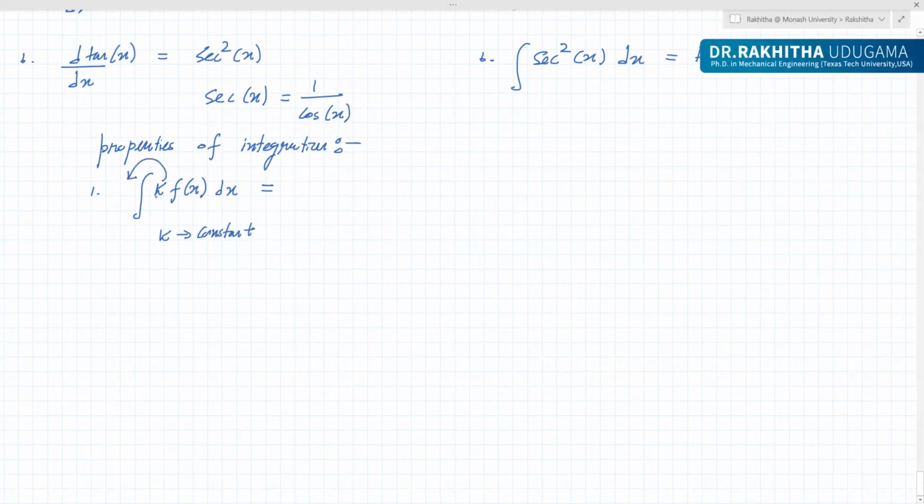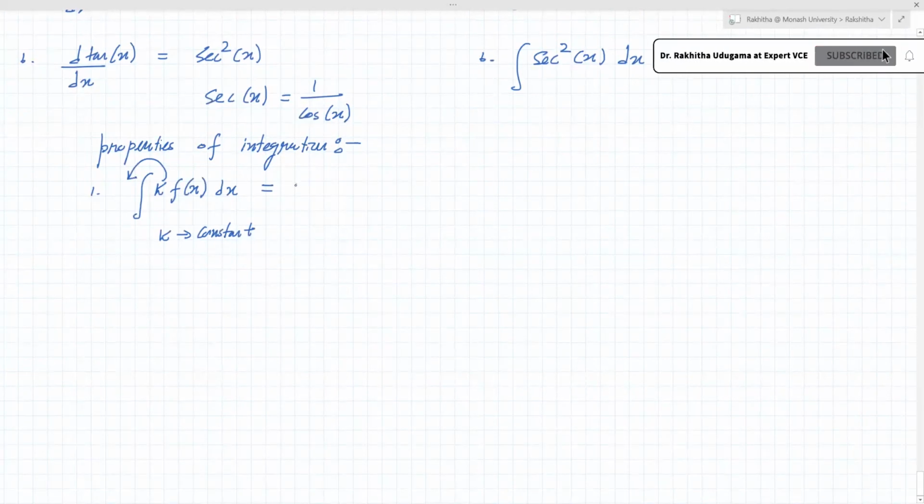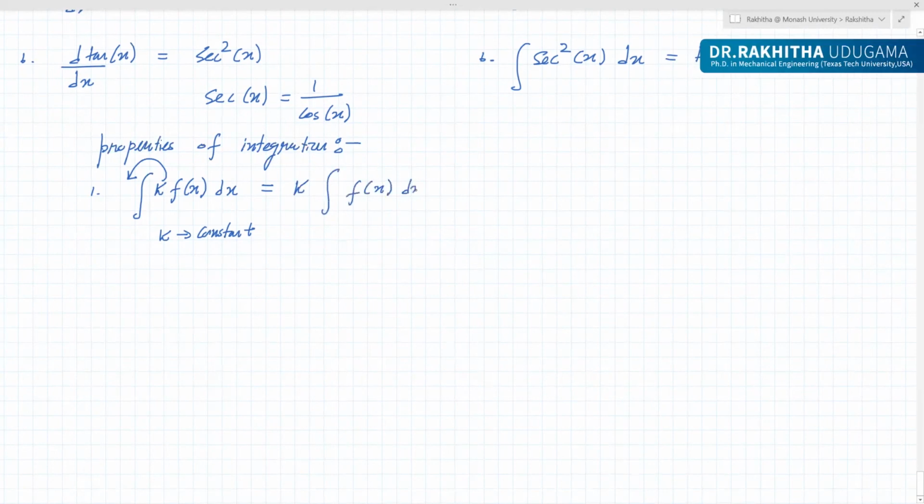If k is not a constant, you have to keep it. So you take k out, and that would be k times the integral of f(x) dx. This is how you write it.